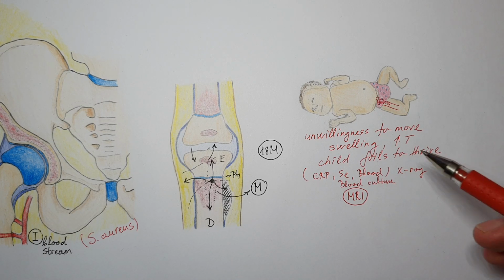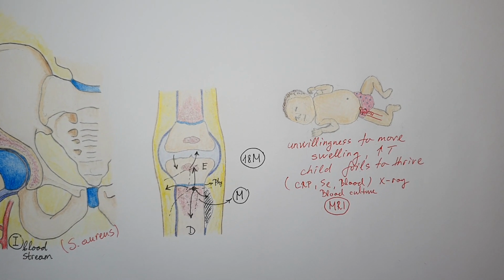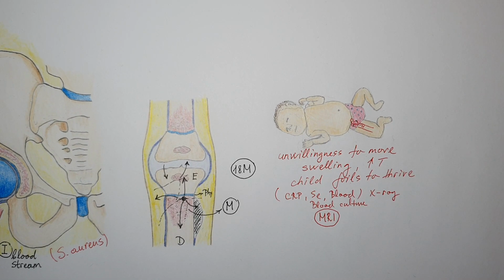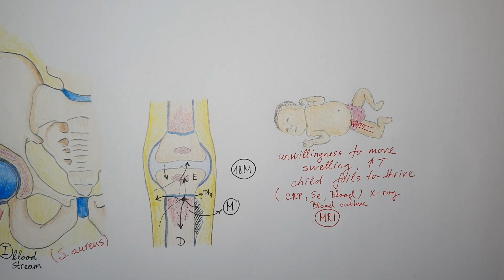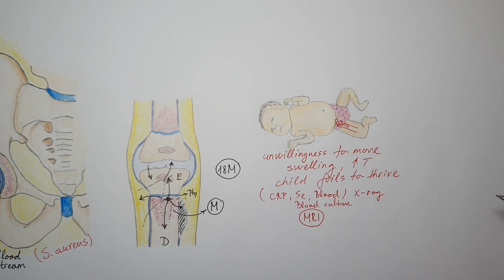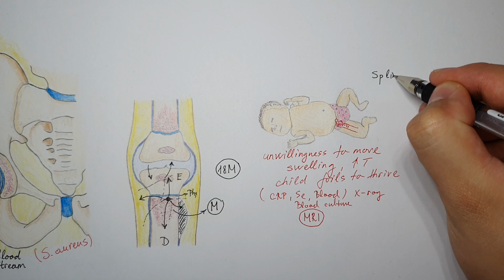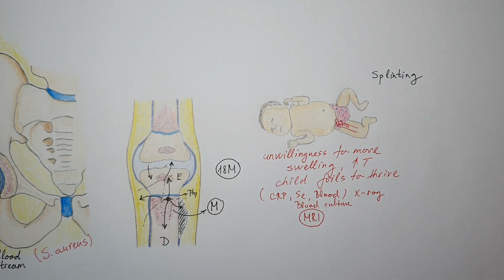So if we suspect and have a high suspicion of osteomyelitis and diagnose it, then of course we need to give rapidly a therapy. So first of all, we need to do splinting of the affected extremity, and twice or more times a day we need to check the extremity.